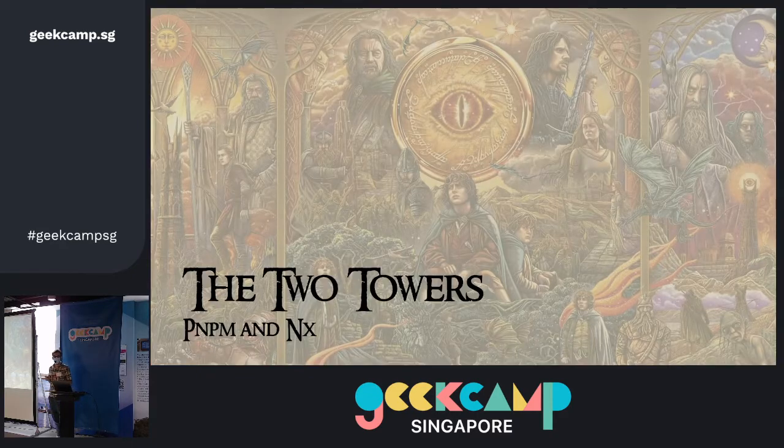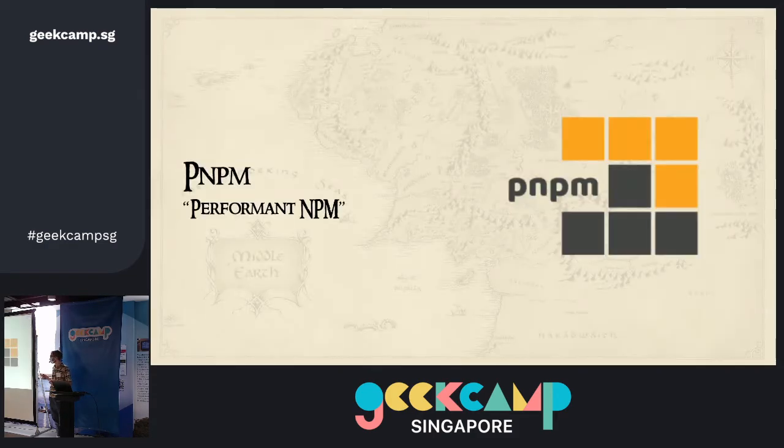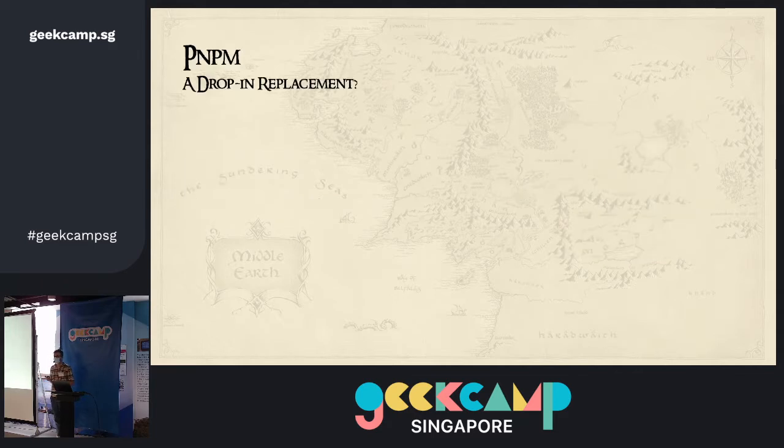So now we come to a point where we need to set up all of these tools to help us with our monorepo. So we'll start with PNPM, which is exactly the same thing as NPM or Yarn, but faster. That's why it stands for Performant NPM. And the nice thing about PNPM is it is mostly a drop-in replacement.